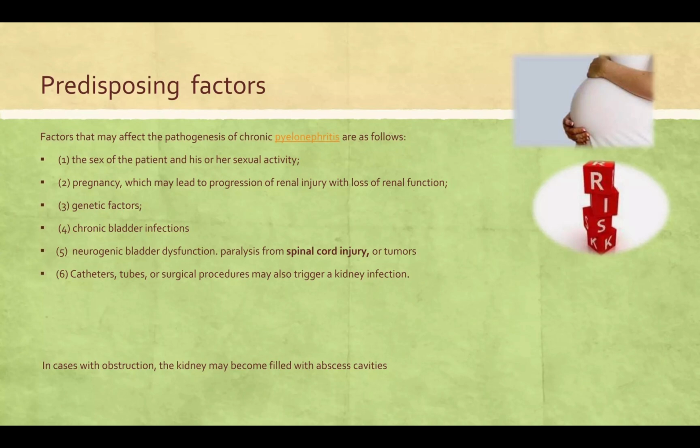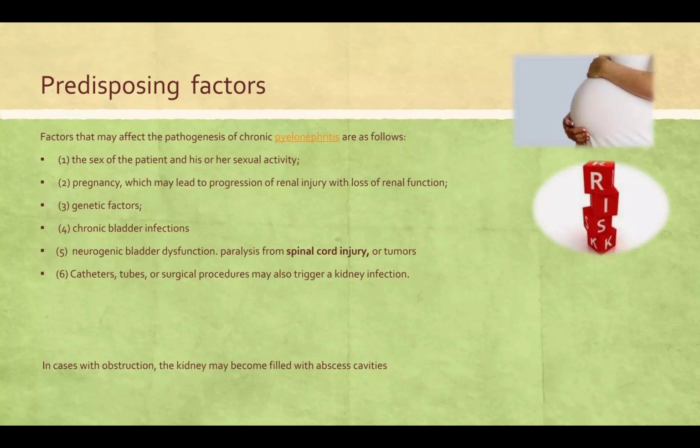Catheters, tubes, or surgical procedures may also trigger a kidney infection. Hence, they can also lead to chronic pyelonephritis. In cases with obstruction, the kidney may become filled with abscess cavities.